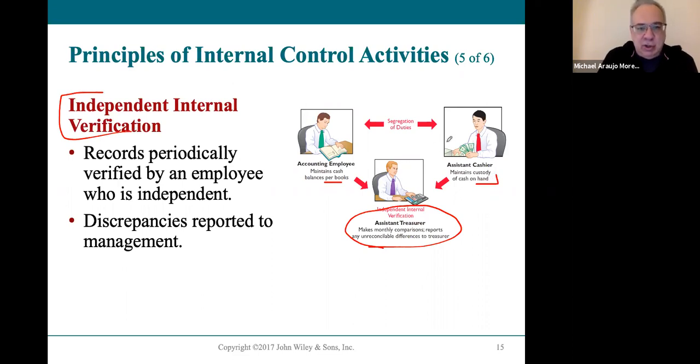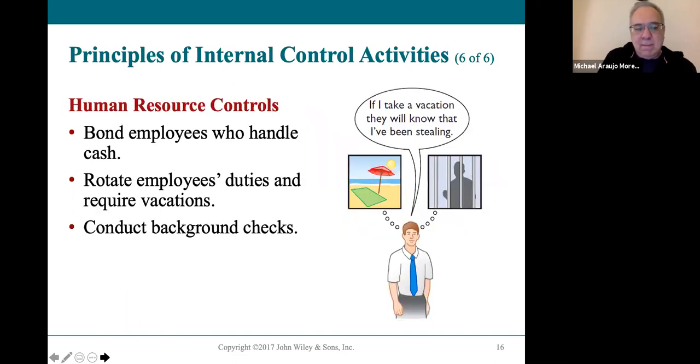These records should match clearly, and this person here can verify as an independent internal verification person that everything is fine, nothing is being mischievous here. And if there is a discrepancy, that's the person who's going to report, yeah, I see something wrong here. Human resource controls are also very important.